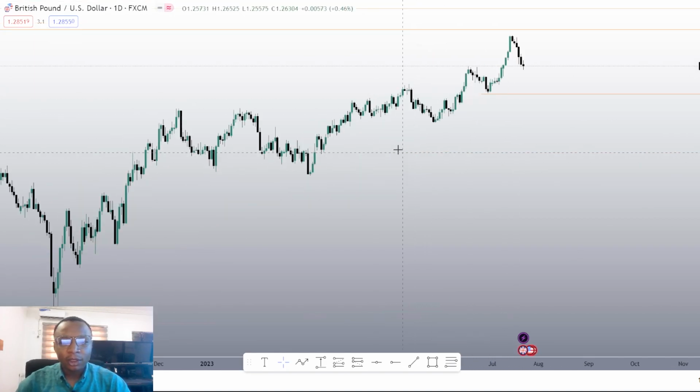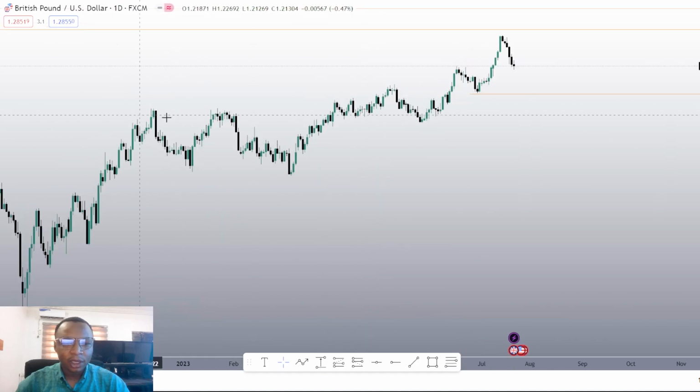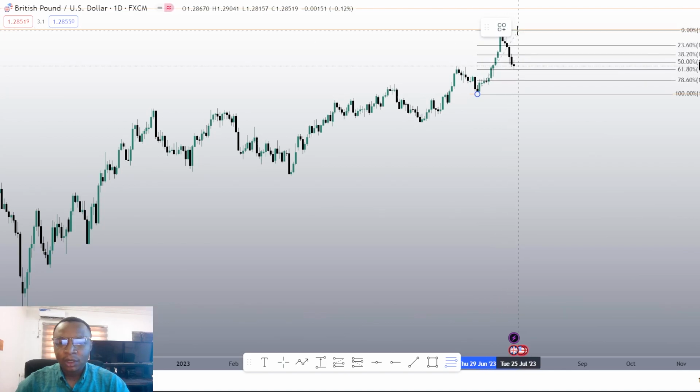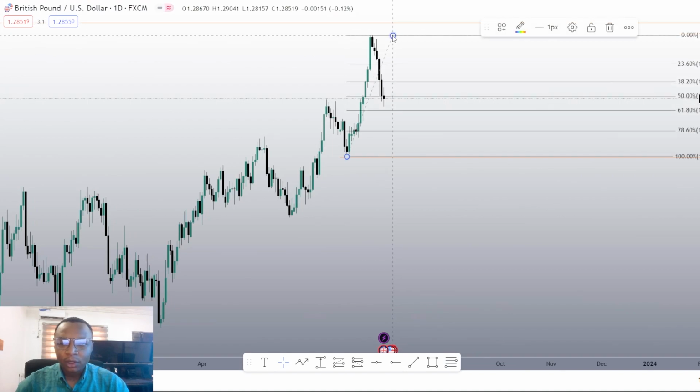Now beautiful, on the daily time frame the structure looks more clear. Here on the daily time frame you can see that GBP is clearly on a bullish structure to the upside. So what did price do for most of last week? Most of last week price retraced down to about the 50% level of the Fibonacci retracement tool.